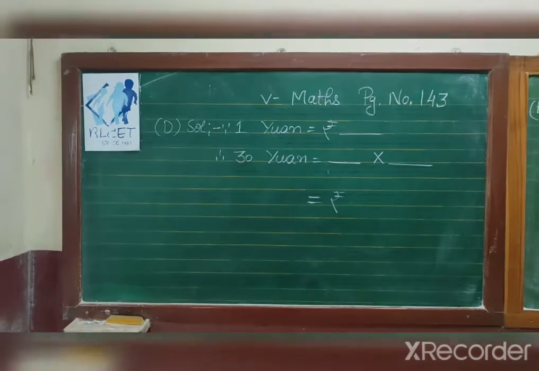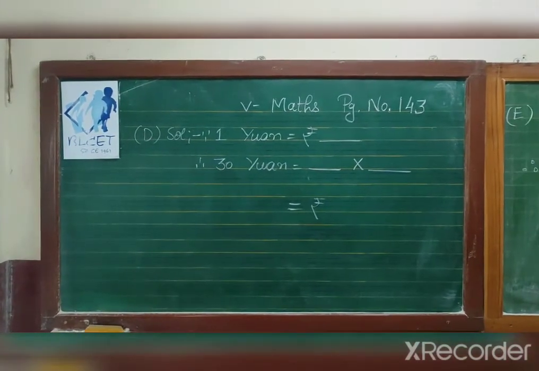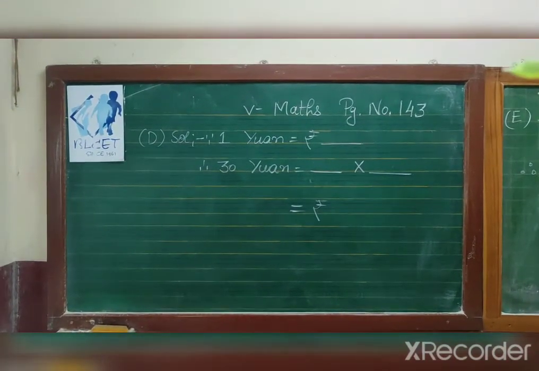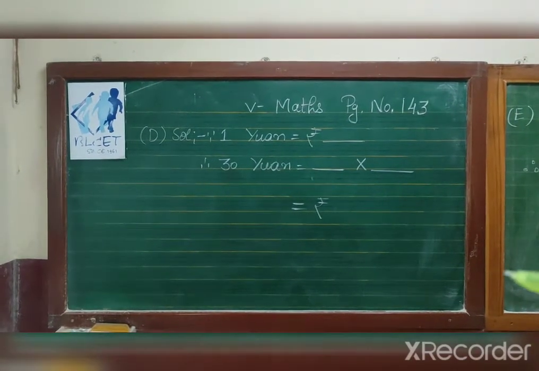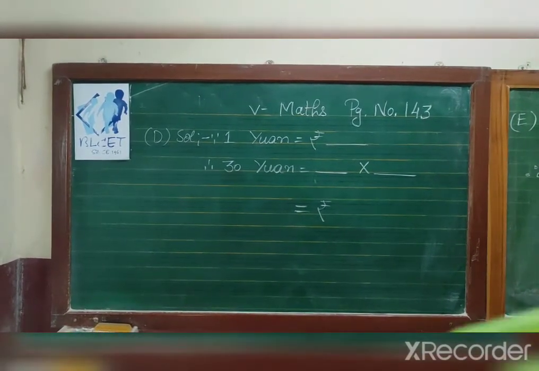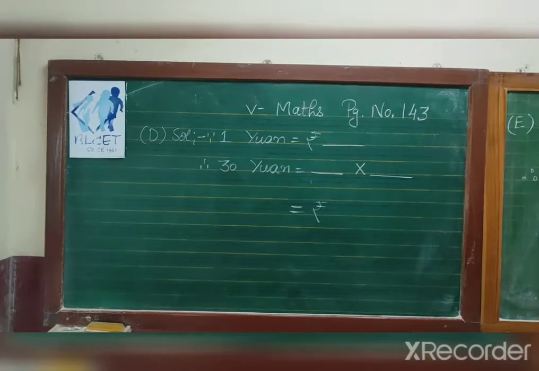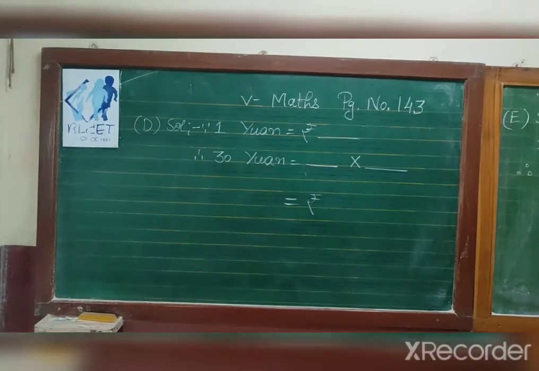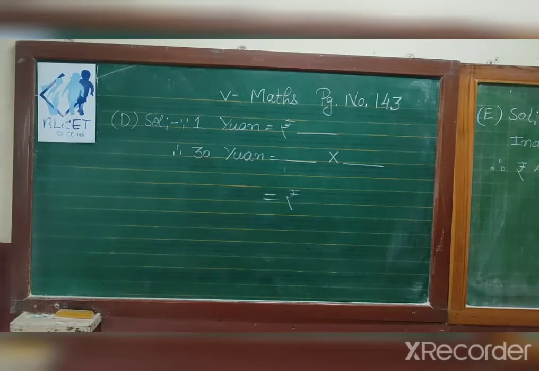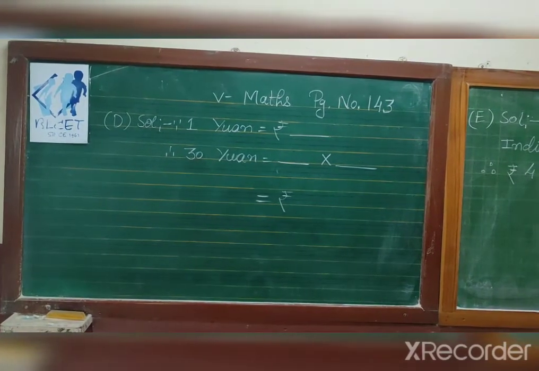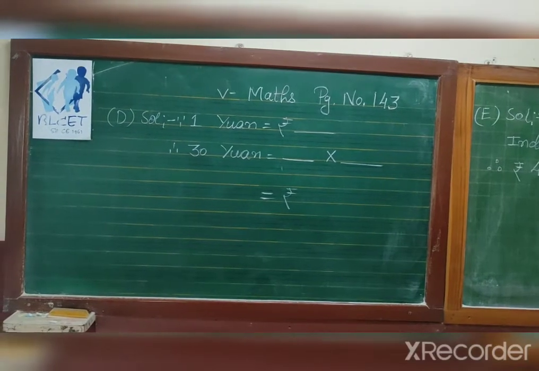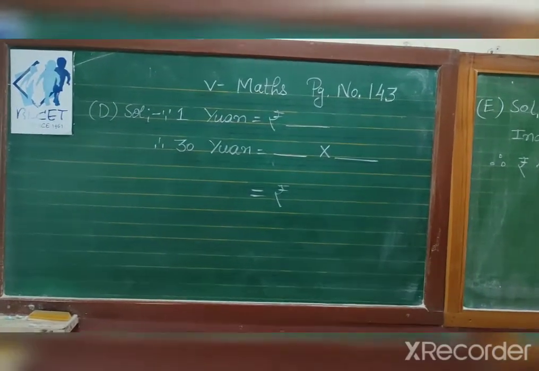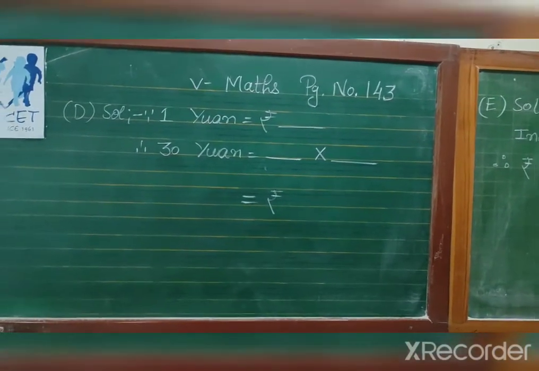After that you will write 1 yuan is equal to rupees, whatever you see from the table. Then 30 yuan is equal to, you will change in rupees, and then in the statement form you will write the answer: the cost of the present in India is this.